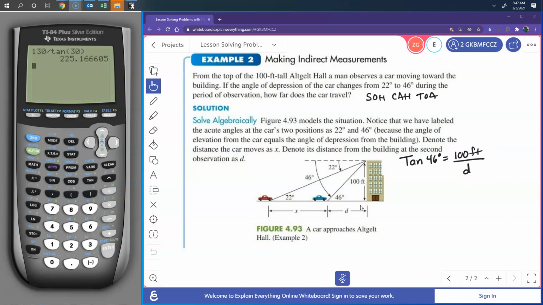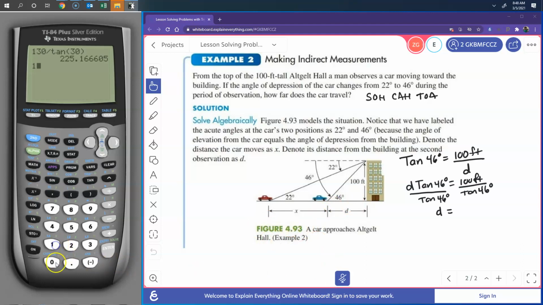I'm going to go ahead and cross multiply. So we have D times the tangent of 46 degrees is equal to 100 feet. Then we divide by the tangent of 46 degrees. So the distance will be 100 feet divided by the tangent of 46 degrees.